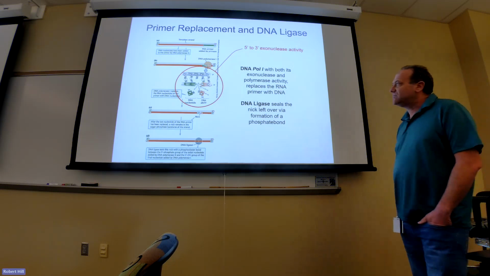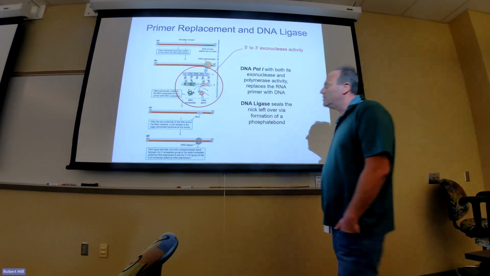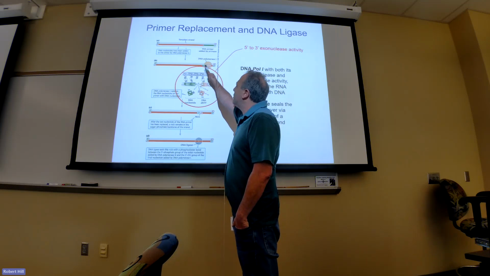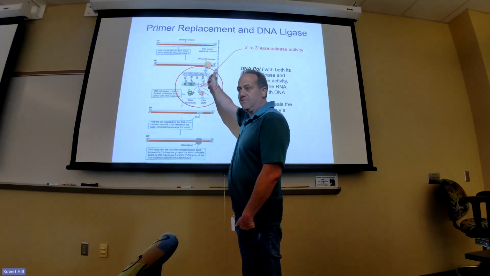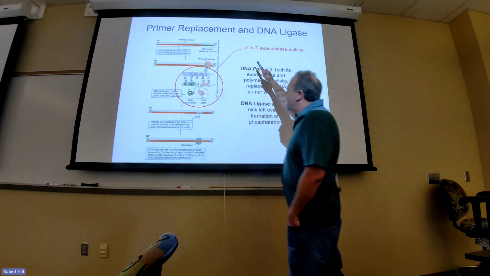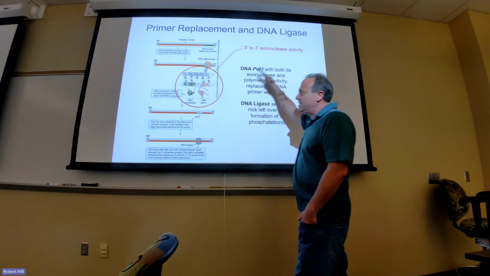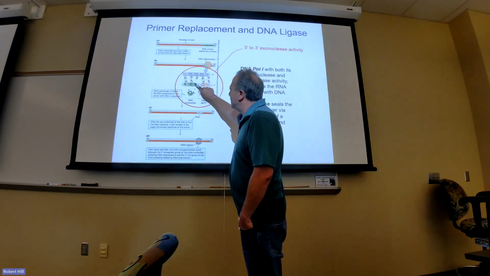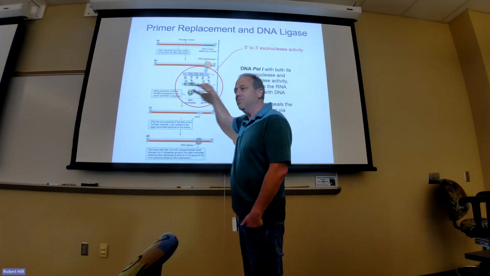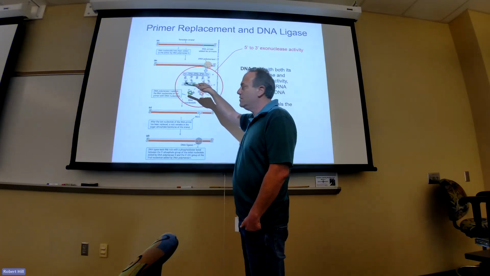Okay, so how does that exonuclease activity work? You can see here there's your primer in green. This is on the Okazaki fragment side, the lagging strand. That 5' to 3' exonuclease activity means it's pulling off RNAs over here at the 5' end and moving towards the 3' end.